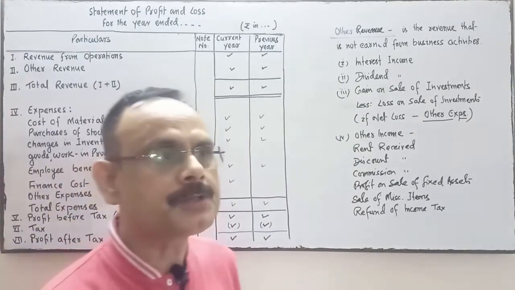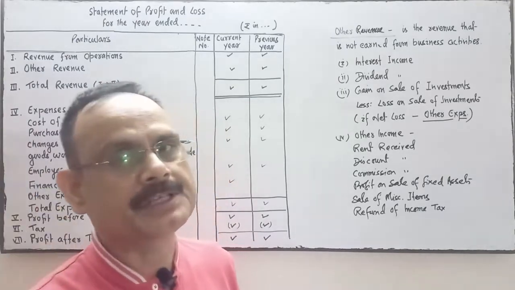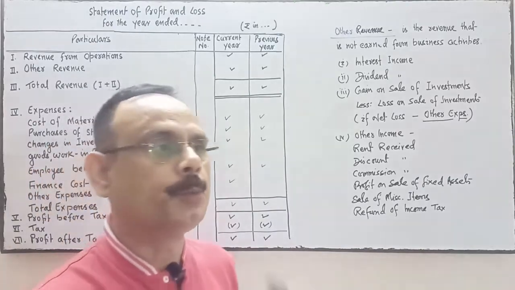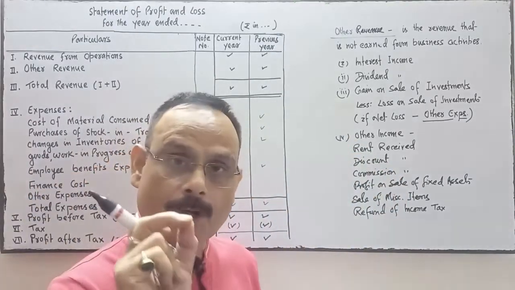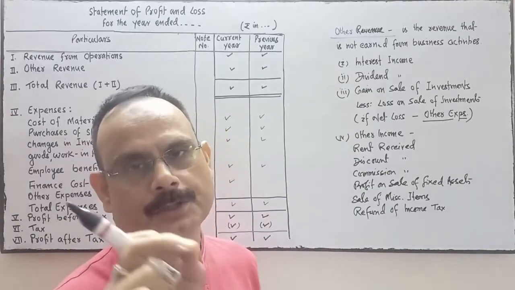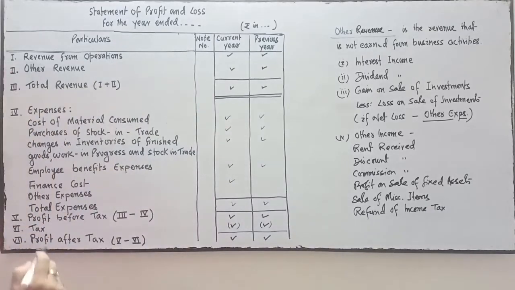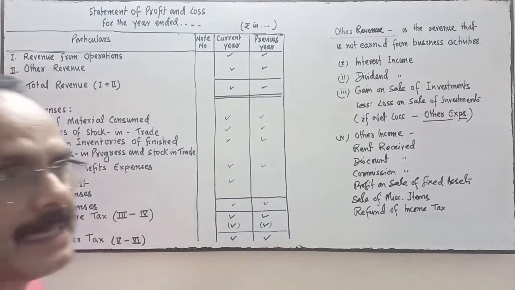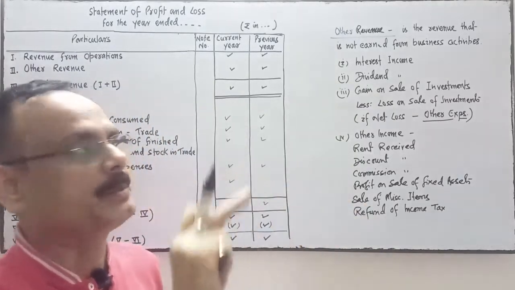If there is a loss, then the loss on sale of investment will be adjusted against the gain on sale of investment. And if the loss is still there, a net loss on sale of investment, then that will be reflected over here in other expenses.